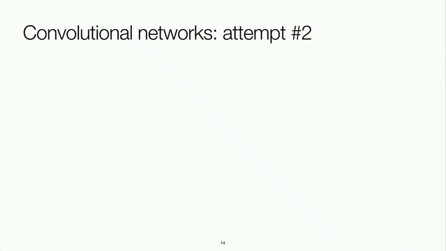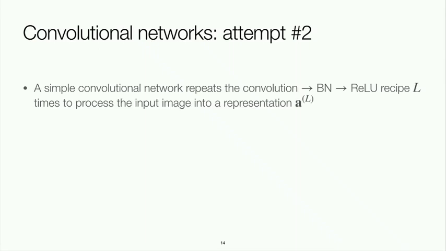So now we're going to finish with convolutional networks attempt number 2, which is going to be our successful attempt. A simple but still powerful convolutional network repeats this recipe of convolution, followed by usually batch norm, but just some kind of normalization, followed by usually ReLU, but just some kind of nonlinearity.